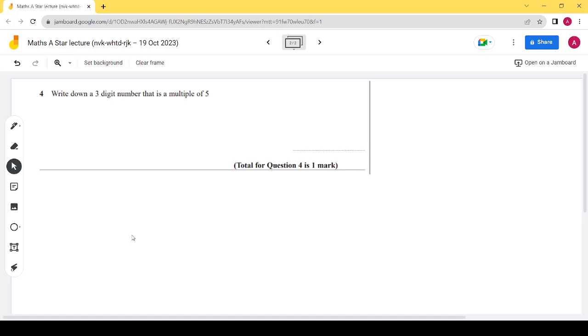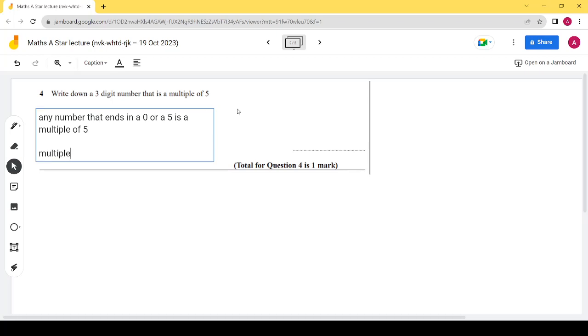But we've got: write down a 3-digit number that is a multiple of 5. Well, the thing to remember, 3-digit just means it's got 3 numbers, but any number that ends in a 0 or a 5 is a multiple of 5. Because if you think about the 5 times table, a multiple just means equals in the times table.